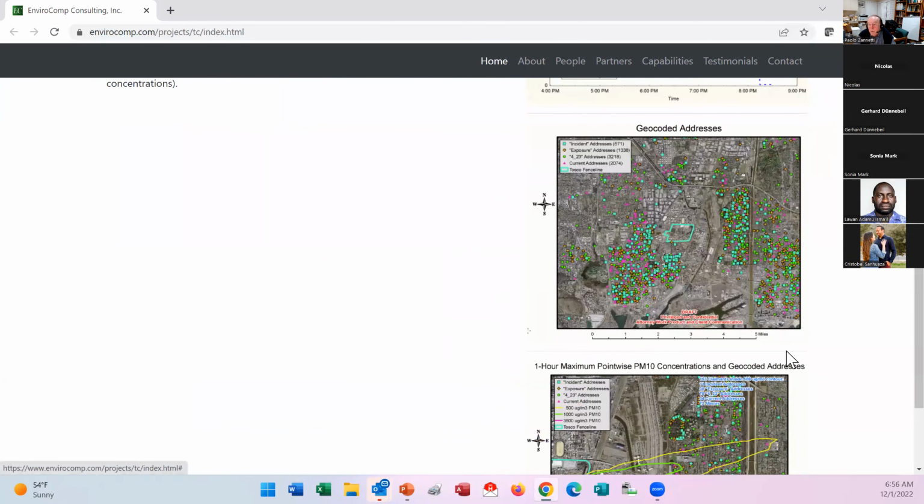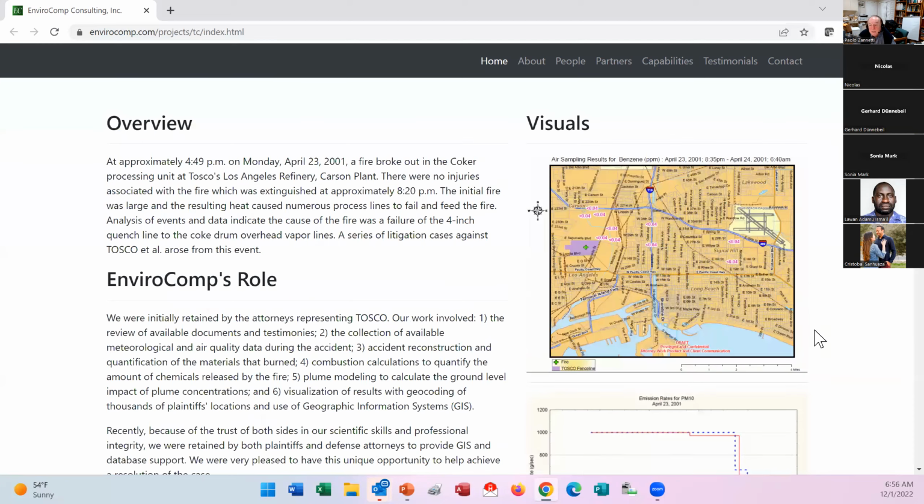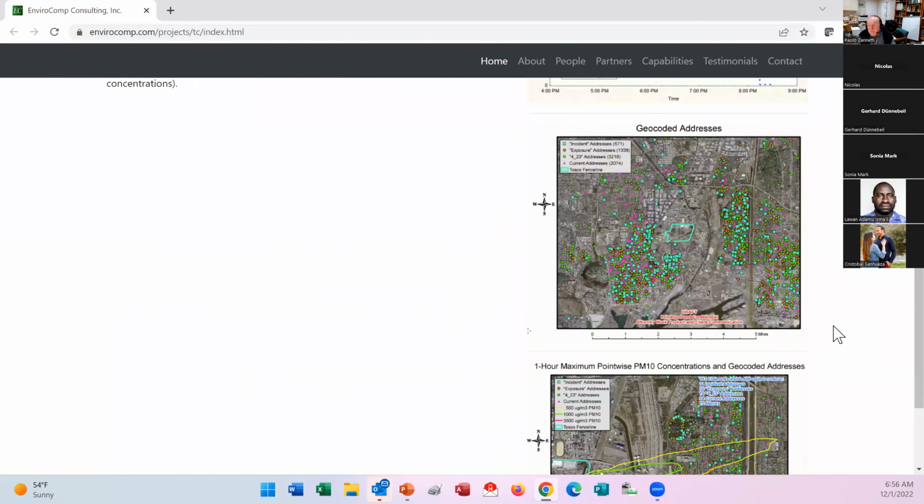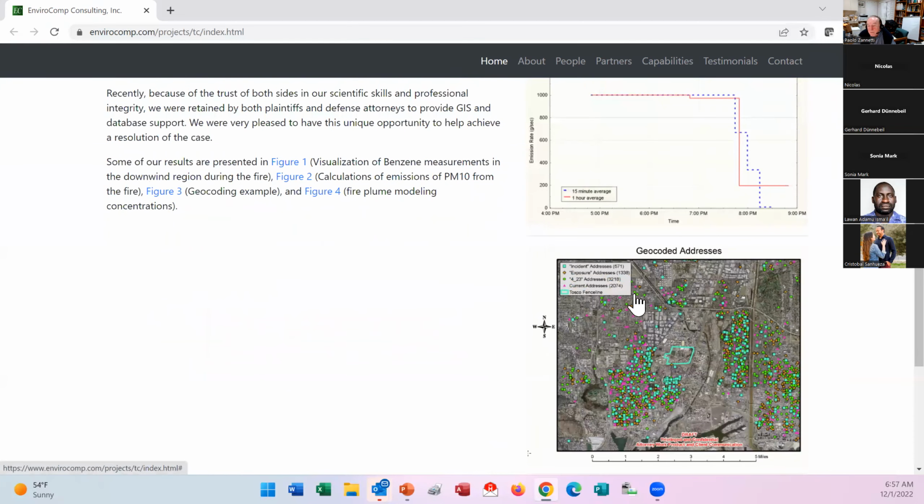This is an example of a big fire in Los Angeles, a refinery fire, in which 5,000 people, you see all these dots in this map, these are all the people that sued the refinery for damage.